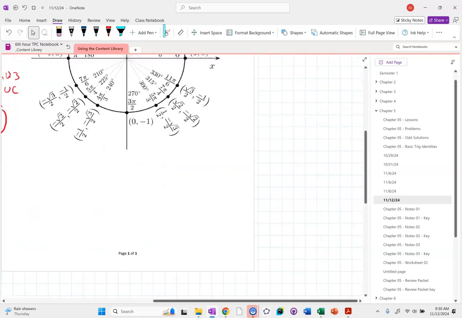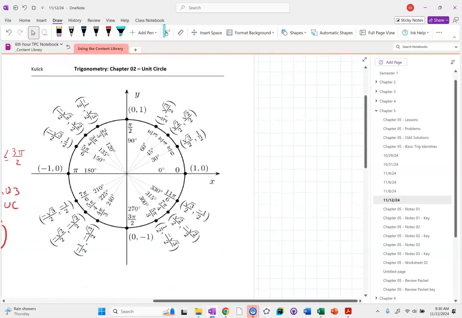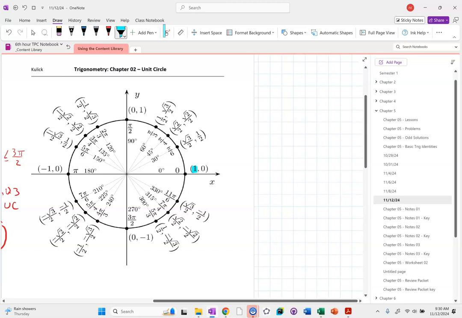So I'm looking at places where the x-coordinate is either 1, so I see that here at 0, and I go around, I see it's -1 here at pi, I go around, and I'm back at 2 pi now, but I don't need to include that because 2 pi is not in my solution space, right? The interval was from 0 to 2 pi, not including 2 pi.